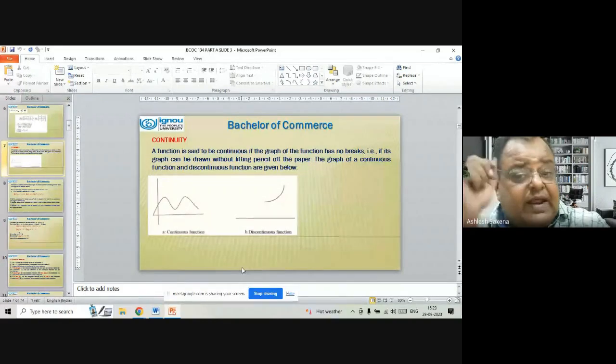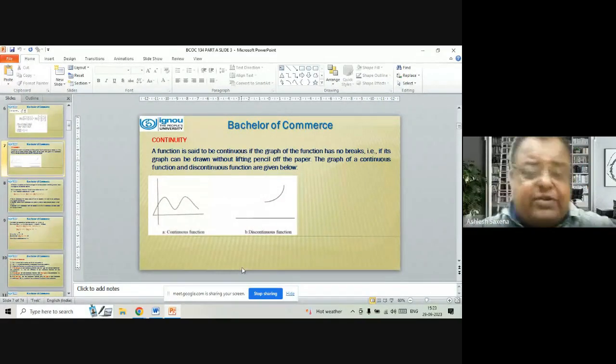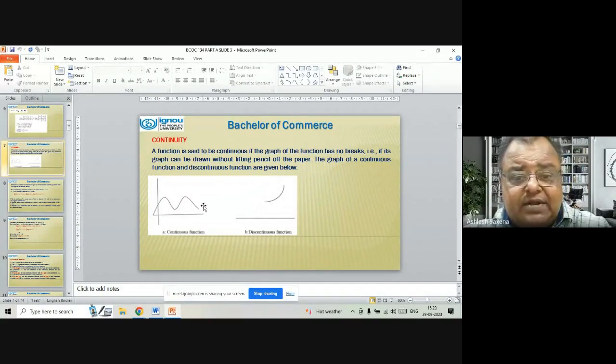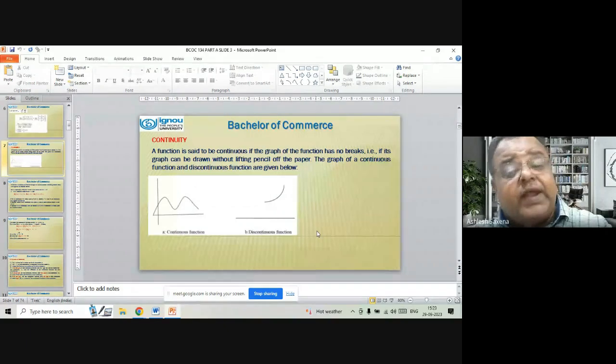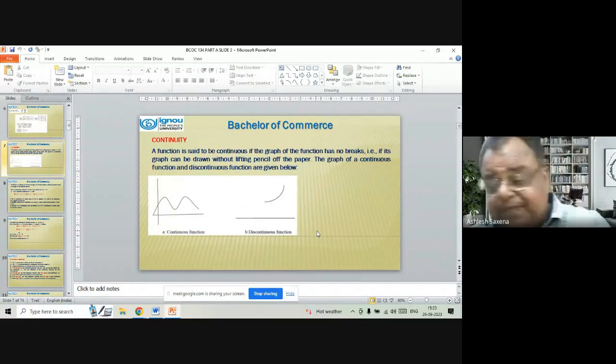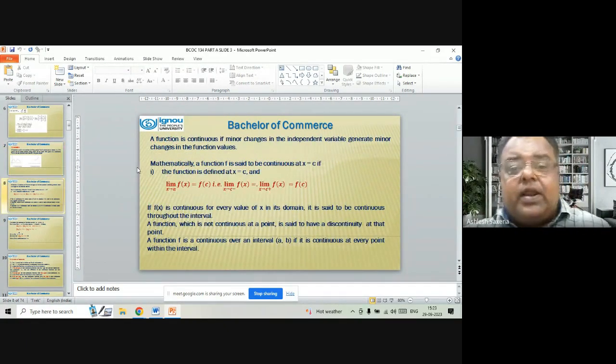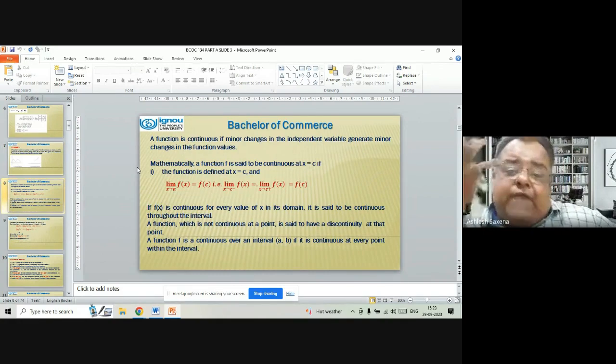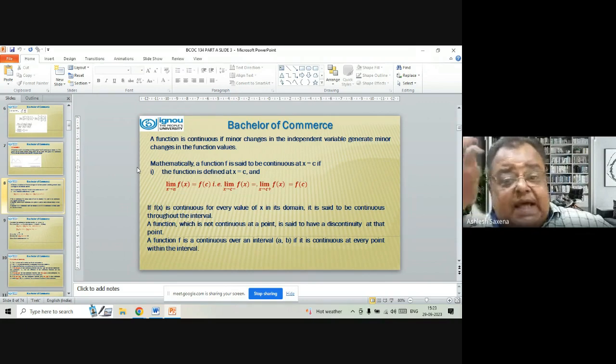And in the second one, there is a break. So this one is the graph of a continuous function, and this is the graph of a discontinuous function. Now, a function is continuous if minor changes in the independent variable generate minor changes in the functional value.